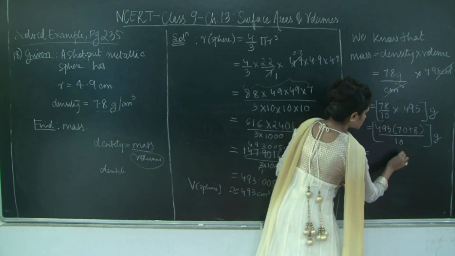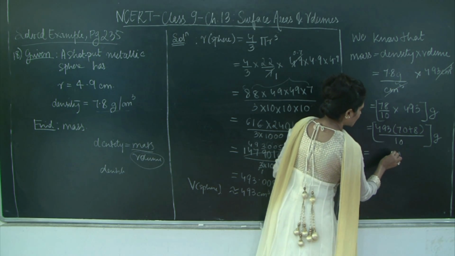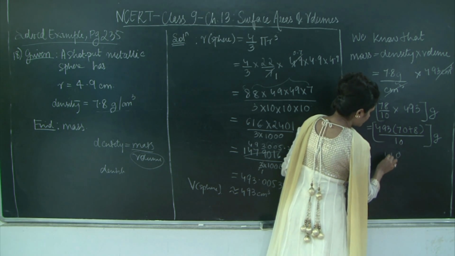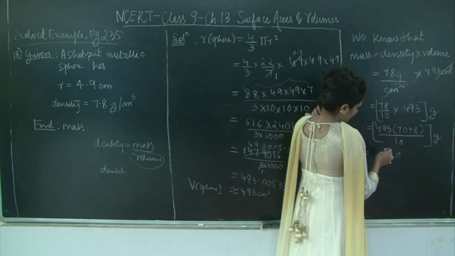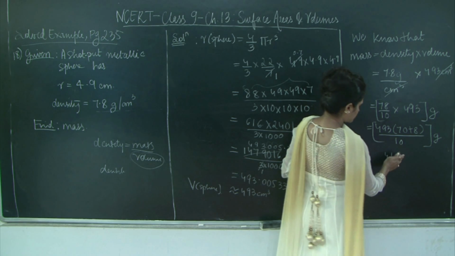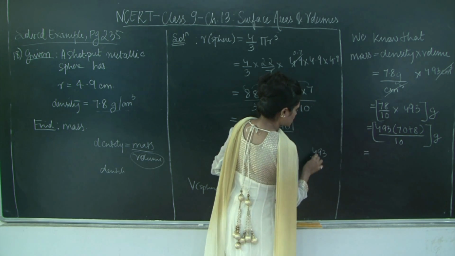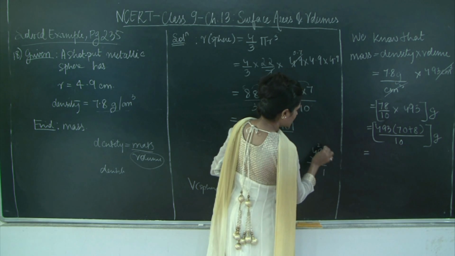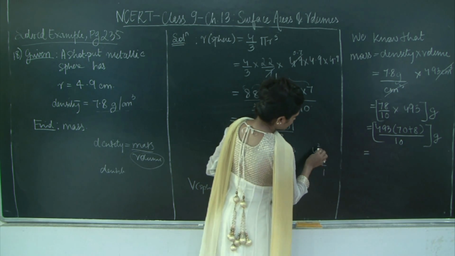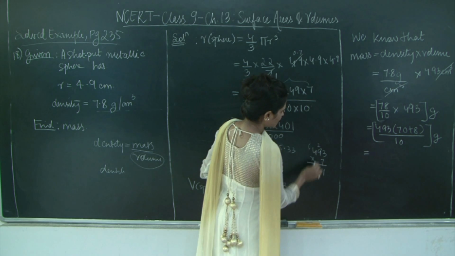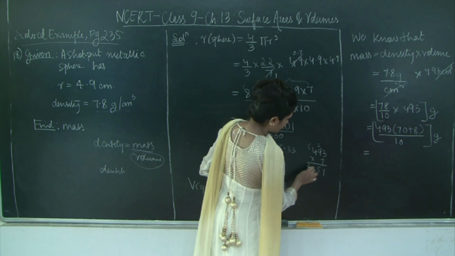So 493 into 7: 7 3s are 21, 7 9s are 63, 63 plus 2 is 65, 7 4s are 28, 28 plus 6 is 34.